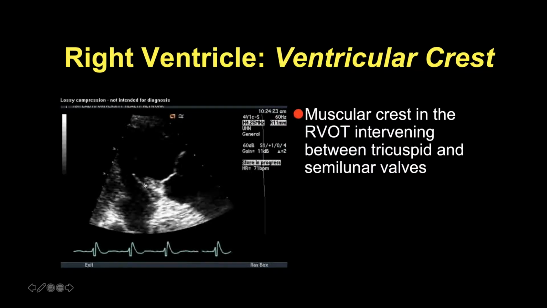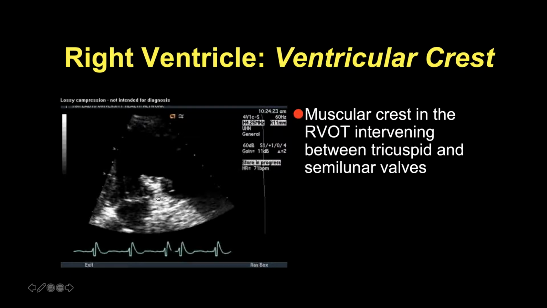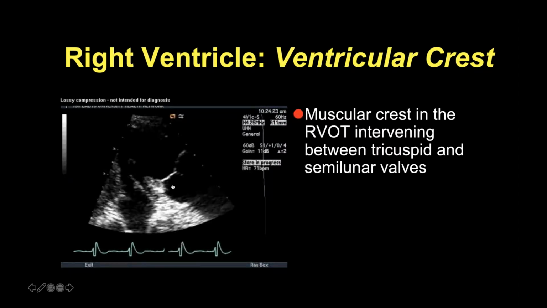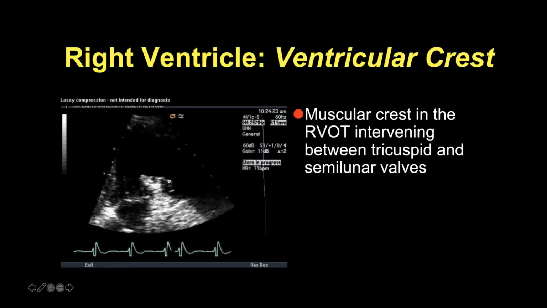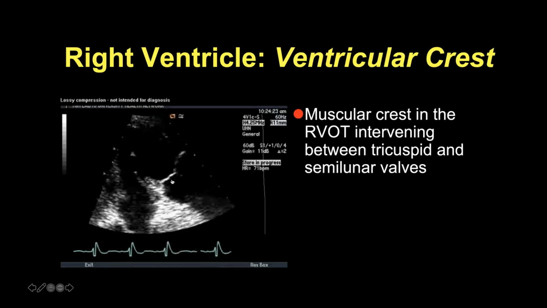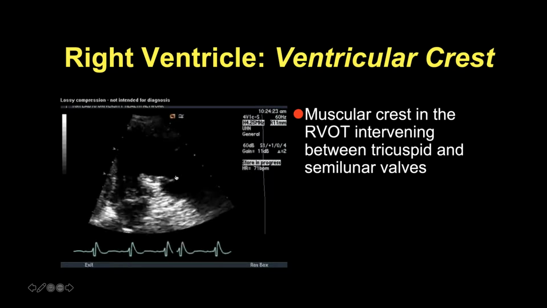So the ventricular crest intervenes between the tricuspid valve here and the semilunar valve. I only call it the semilunar valve. I don't know if this is an aortic valve or a pulmonic valve yet.